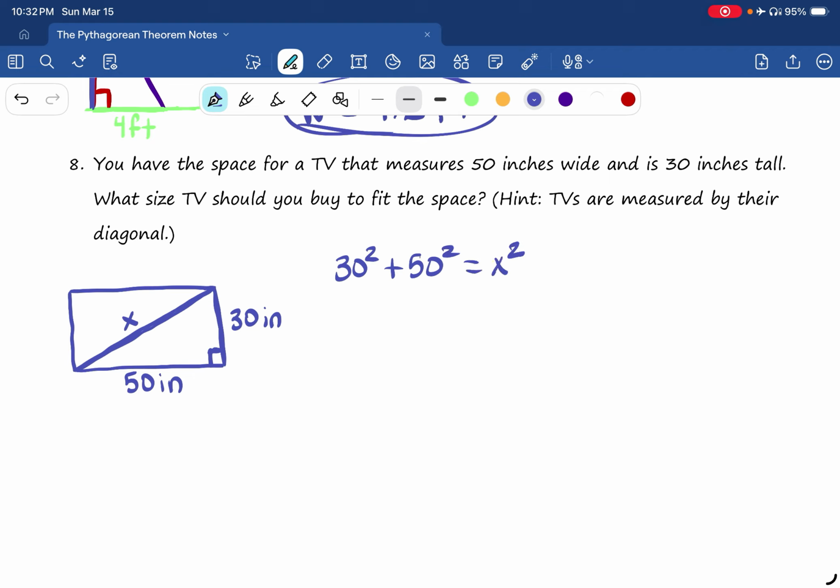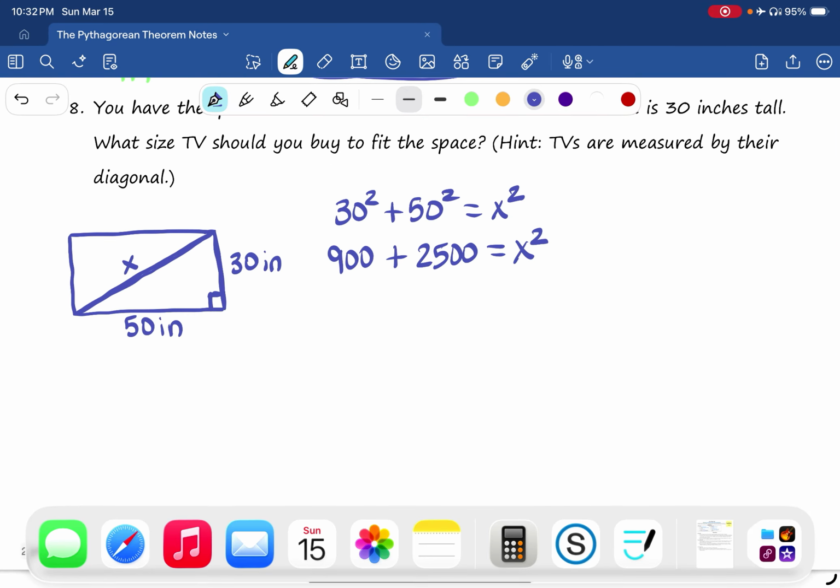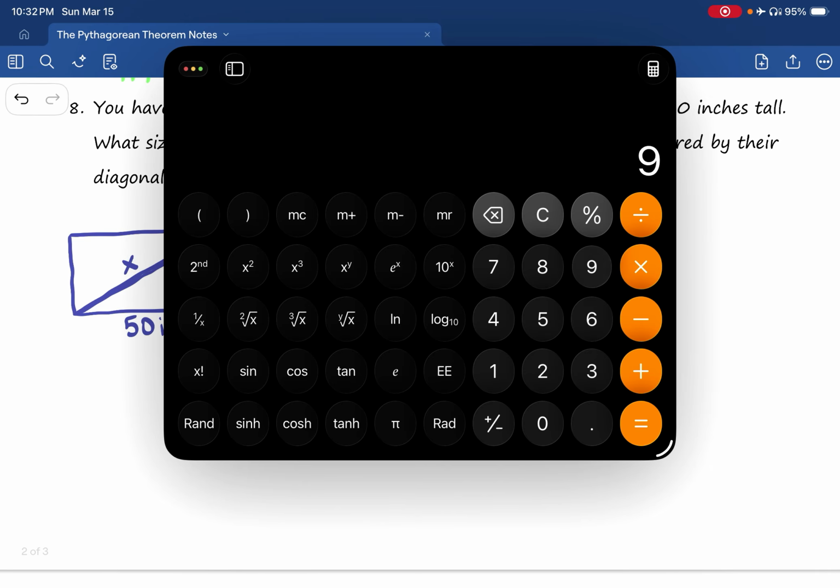And so 30 squared is 900. Meant to put a plus sign there. And 50 squared is 2500, and that equals x squared. And so now we'll get our calculator, we'll add those together, 900 plus 2500, which is 3400.